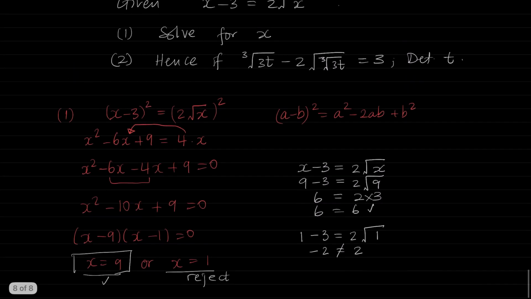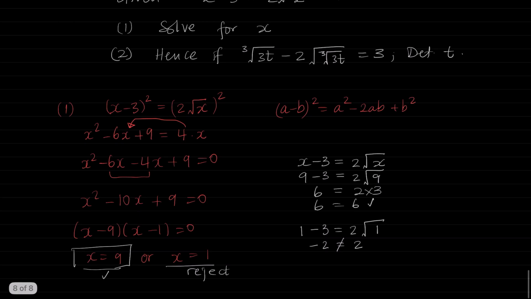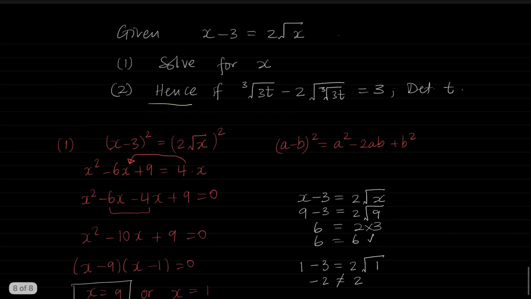The next part of the question says, hence, and we have this cube root, and we have a square root and a cube root, and it's equal to 3. Since it says hence, it means that we could use something that was originally given to us. So I want to just rearrange this because there's some similarities that I'm seeing.